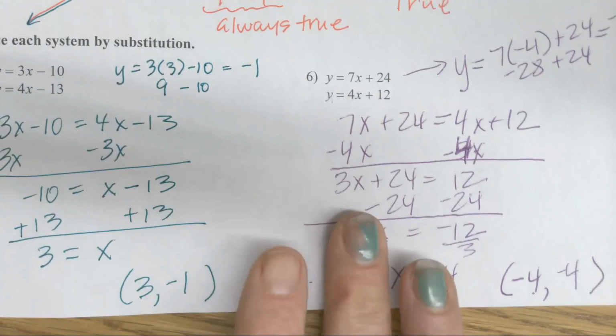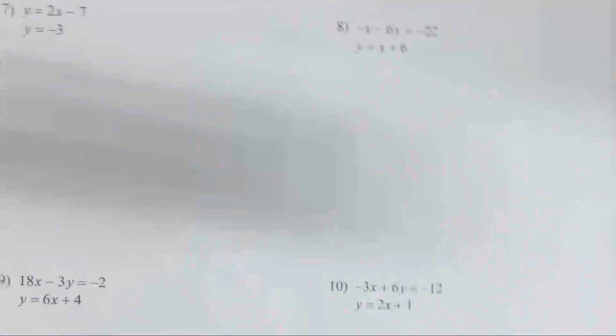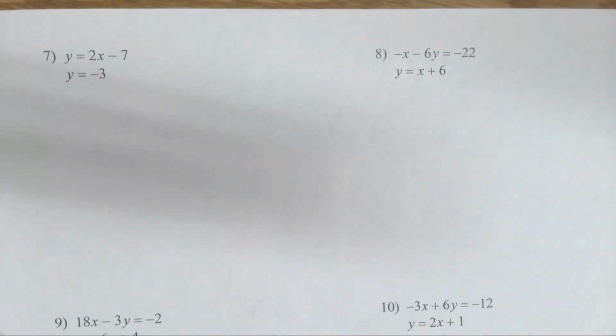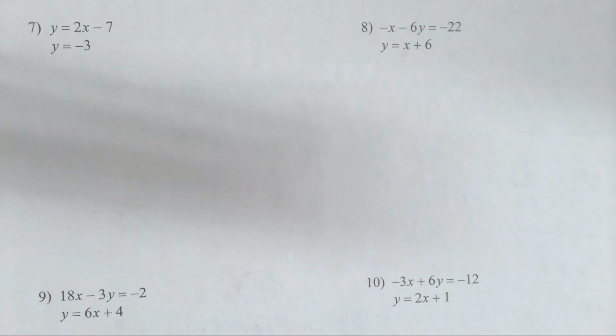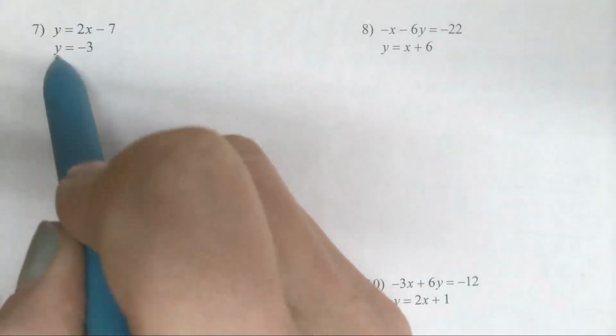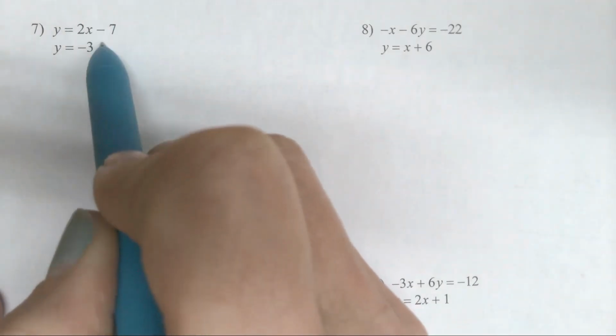Let's check another one. This one looks a little different, number 7, doesn't it? In fact, it's easier because I have two y's that equal two different things.